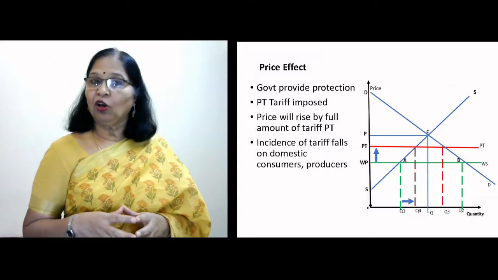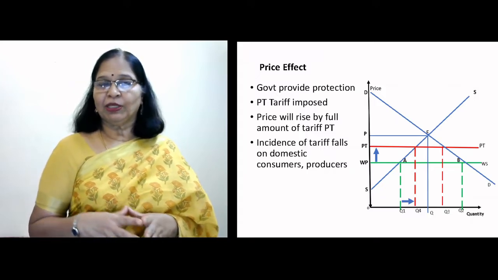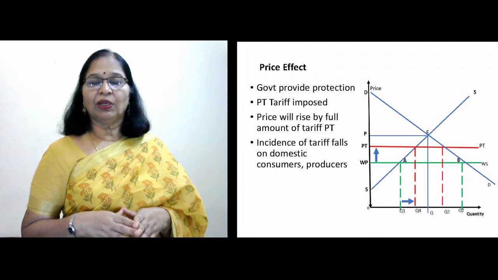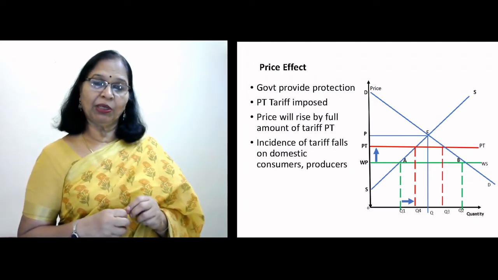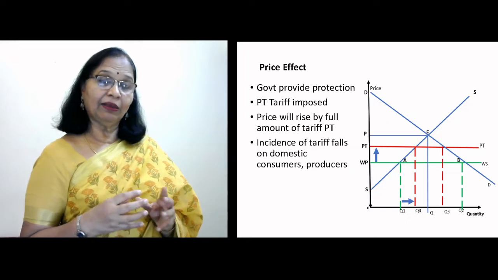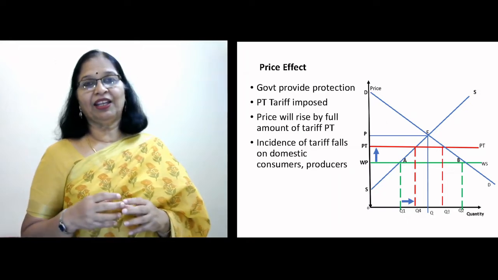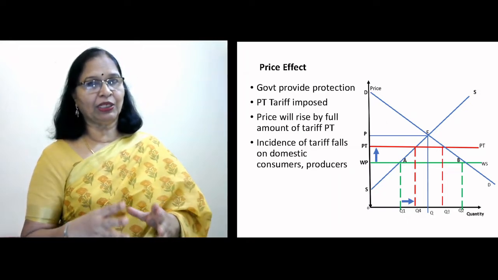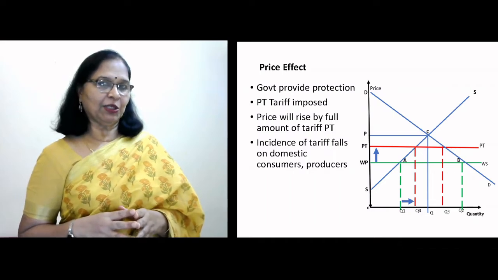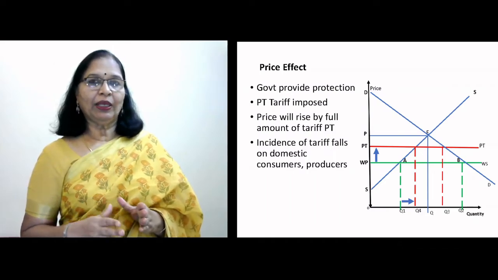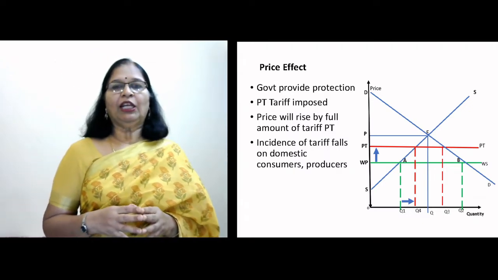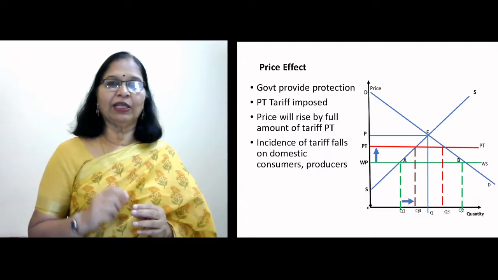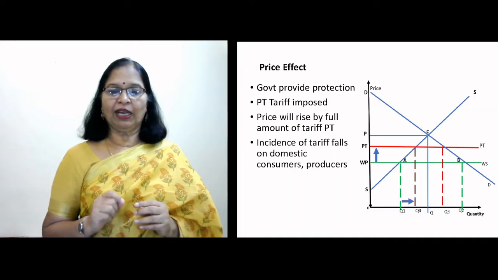The government may feel that the domestic producers are losing out and the imported goods are being sold at a lower price than the domestic producers' goods, and may decide to impose a tariff on the commodity that is being imported. In this diagram that amount is PT, the red line.